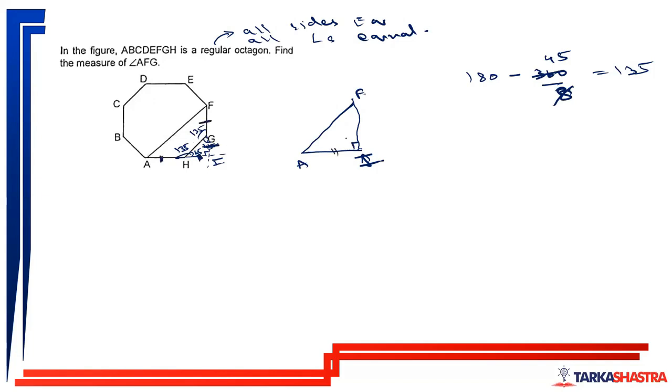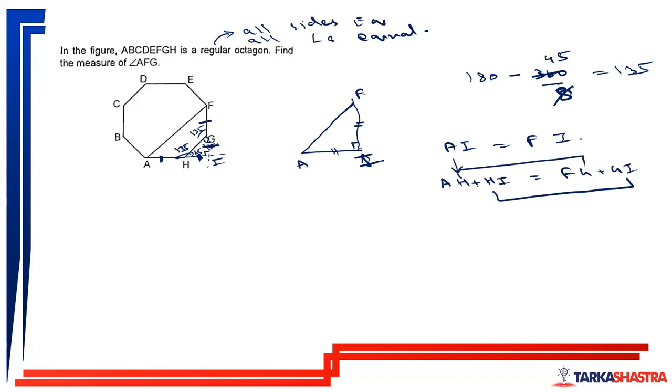So AI must be equal to FI. Why? Because AI is made of AH plus HI and FI is made of FG plus GI. HI and GI are equal, AH and FG are equal because they are the sides of a regular octagon. Okay, so these two are equal.